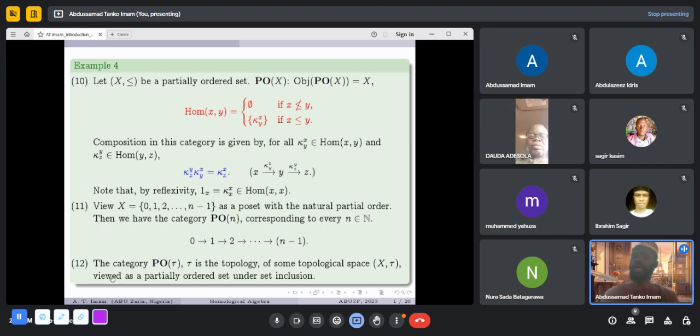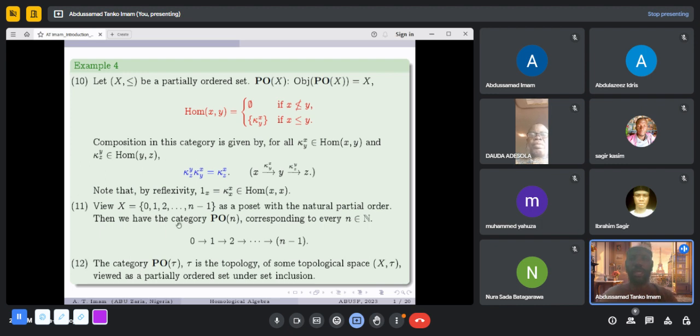So you can define a partial order on tau, and then if you replace x in example 10 by tau, you have a category Pos of tau where objects are open sets in the topological space. This is a nice construction. In fact, this category will play a role later on in the theory of homological algebra. So we will have occasions where we will encounter this particular category.